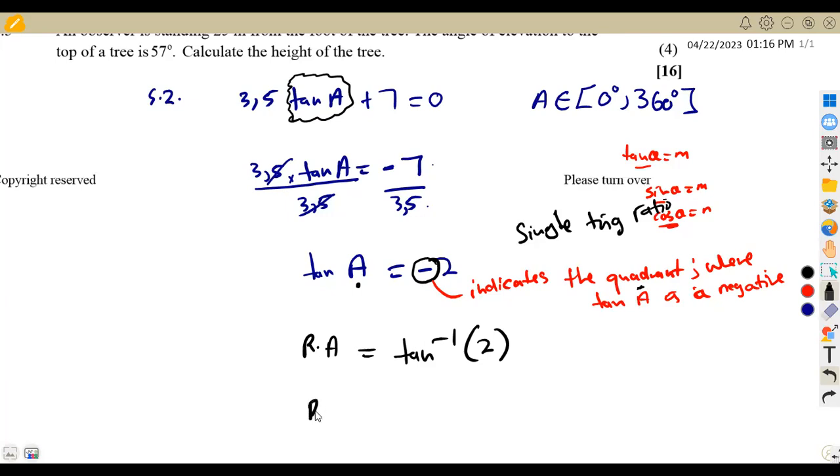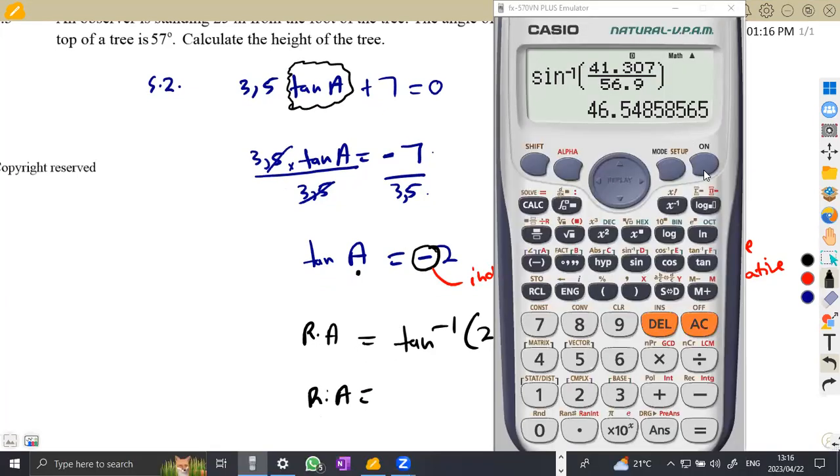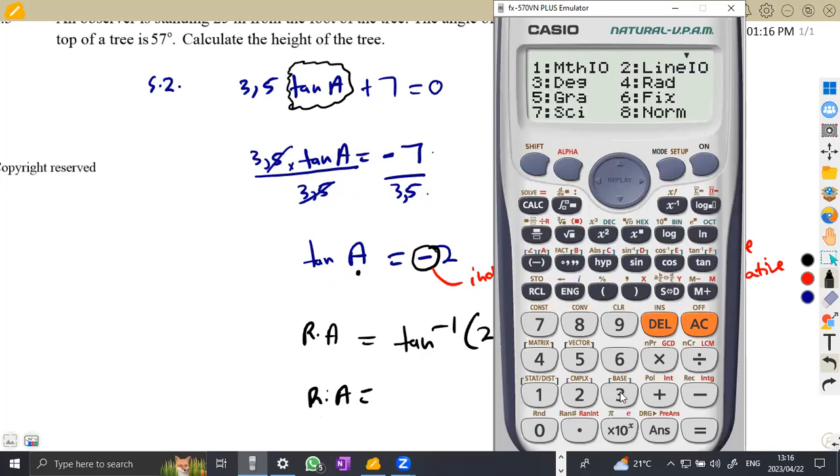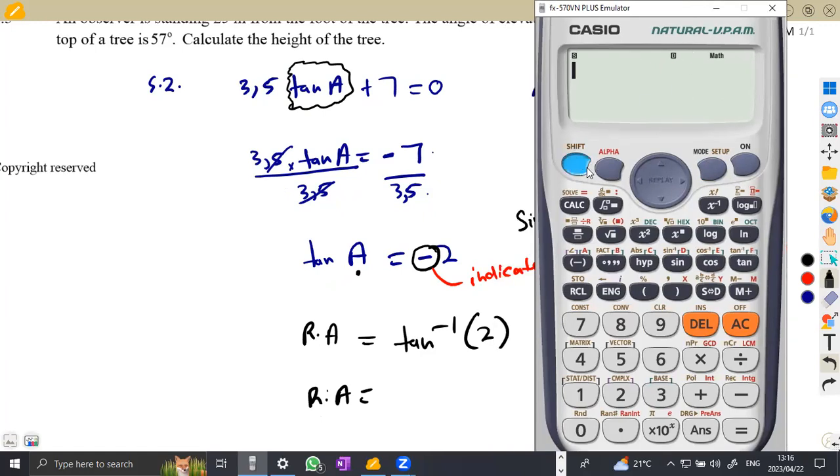So that means the reference angle is going to give us, using our calculator this time, make sure that you change your calculator to degrees, because last time we changed our calculator to radians. So make sure that you change your calculator to degrees already. Mine is set. So make sure that you put the 3 back so that it is going to show you this D. So then you can determine shift tan, that is arctan 2 in this case.